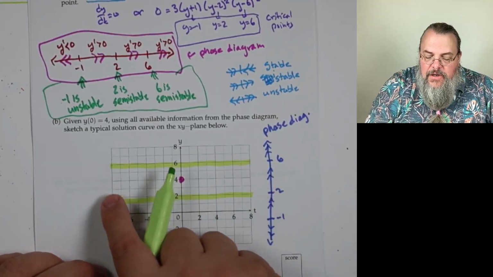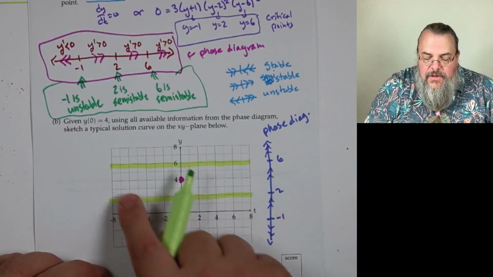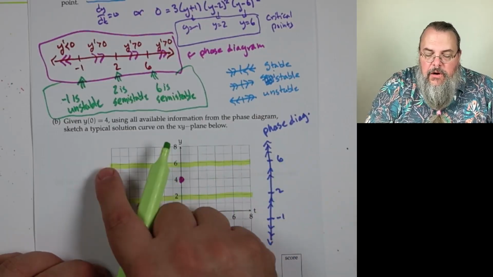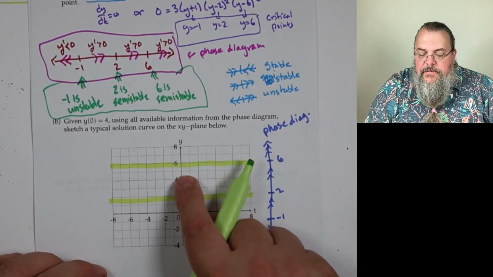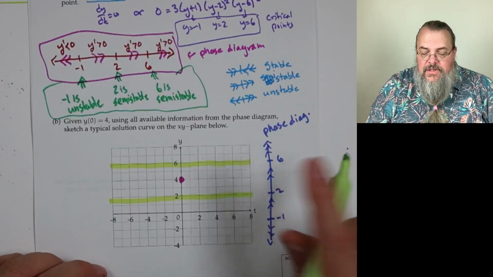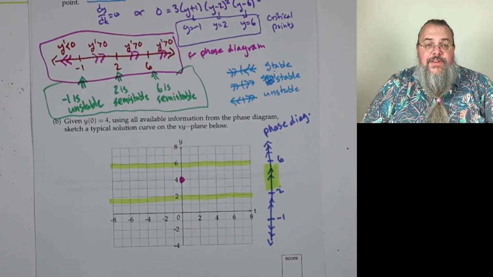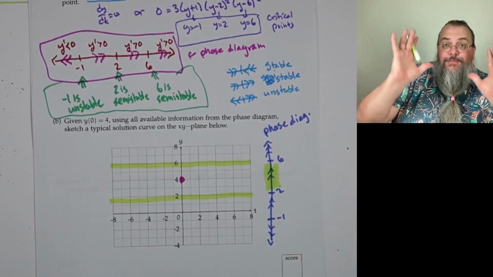Now the question is, are we going up? So in other words, we come off 2, then pass towards 6, or are we going down, off 6 towards 2? And that's when we come and say, what does the phase diagram tell us? It says we're going up, up, up.